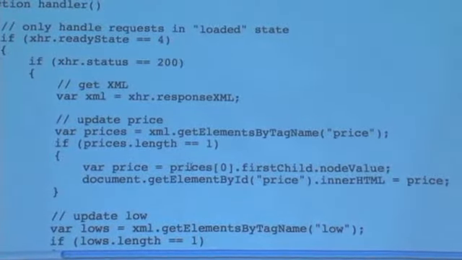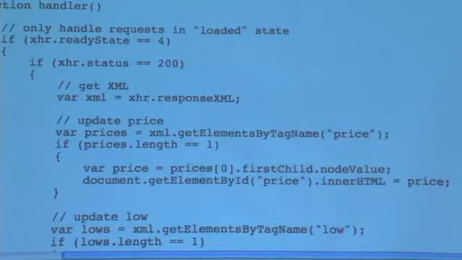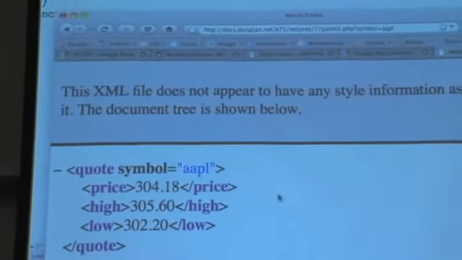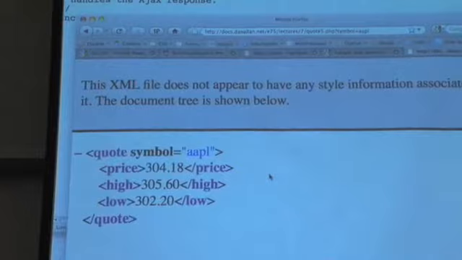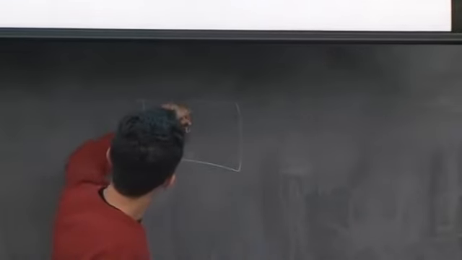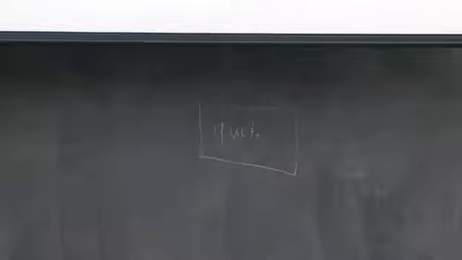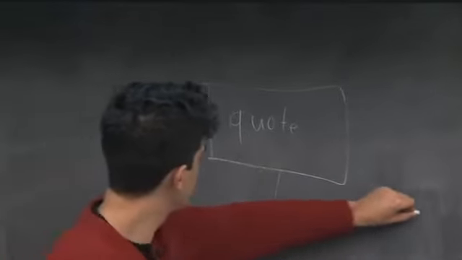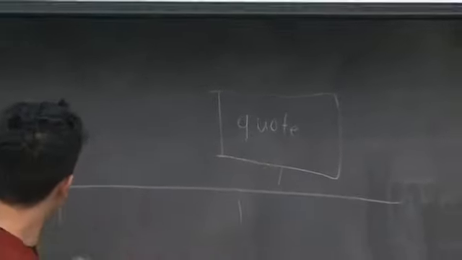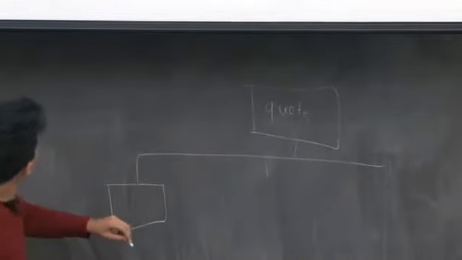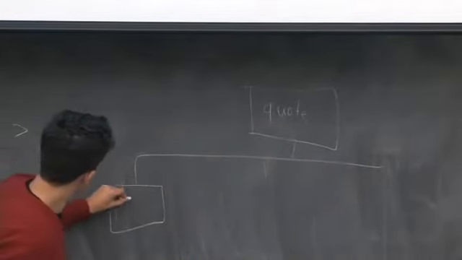Basically, what this looks like in memory is that we have an XML object that looks in text like this, but keep in mind that there is a root element called quote. It has attached to it an attribute called symbol that has data of AAPL. Then it has 3 children associated with it. The first one is another XML object called price.